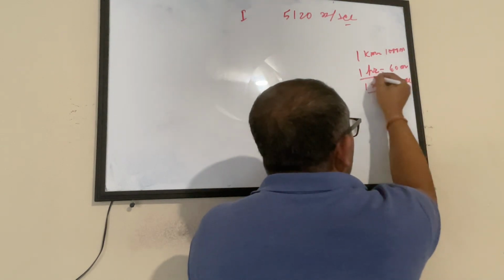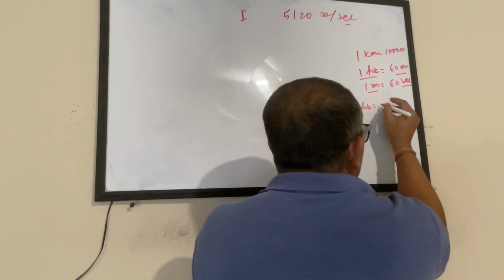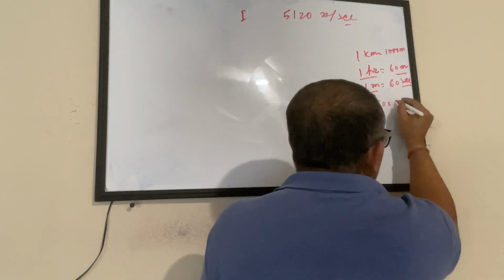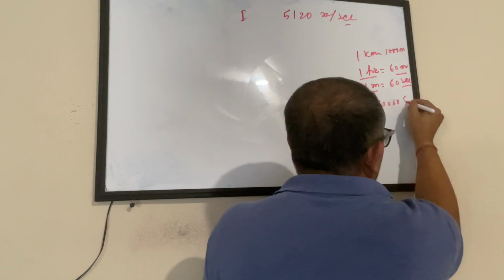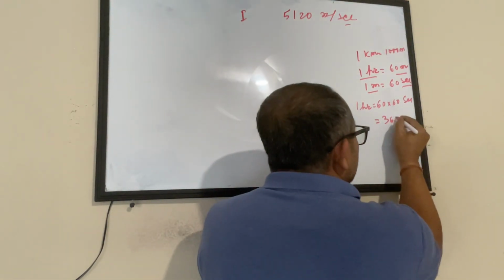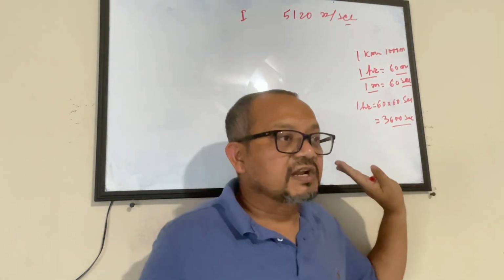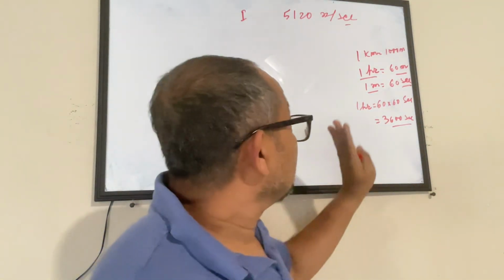So if I have to convert hour to seconds, 1 hour will be equal to 60 minutes, and every minute is 60 seconds. So this is my conversion. 1 hour equals 3600 seconds. We have to make sure that we don't end up overlooking this.